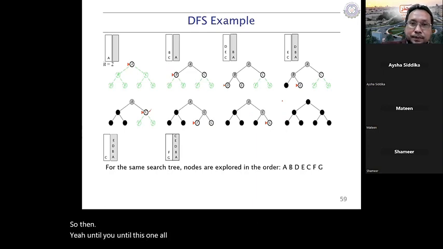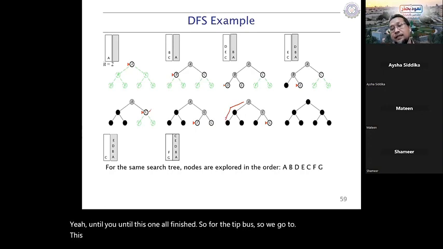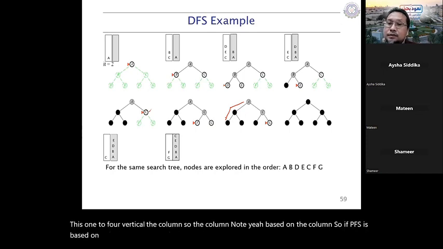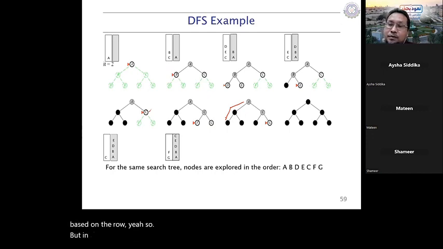So for the deepest, we go vertical, like the column, based on the column. BFS is based on the row, horizontal. But in DFS we go vertical because of the deepest.